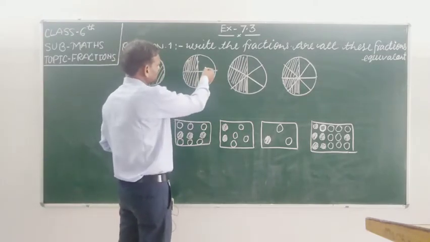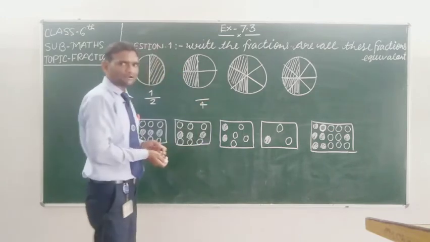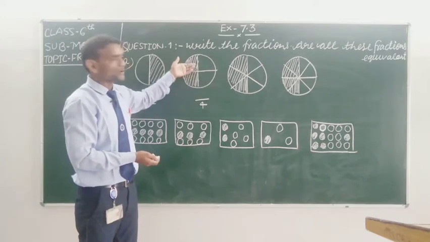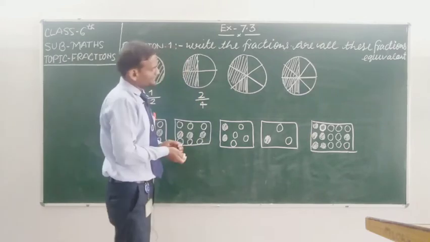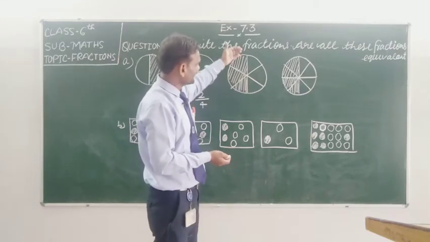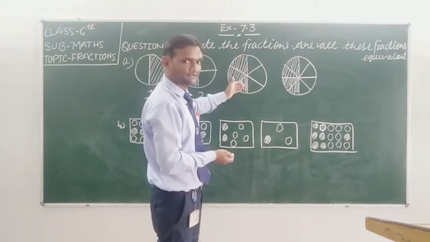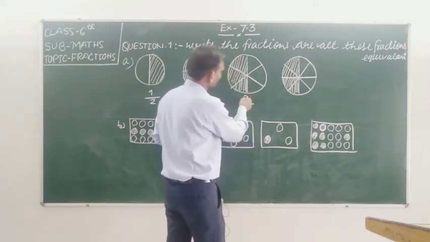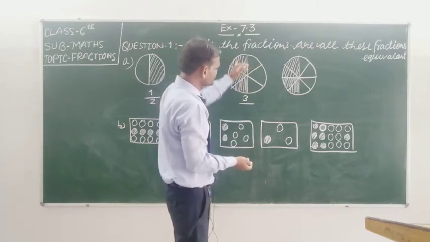You are seeing that there are 4 equal parts of this circle. So we write 4 below the division bar, and out of 4 equal parts, 2 parts are shaded. So we write 2 above the division bar, and in third figure, you are seeing that 3 equal parts are shaded. So we write 3 above the division bar, and total number of parts of this circle is 6.